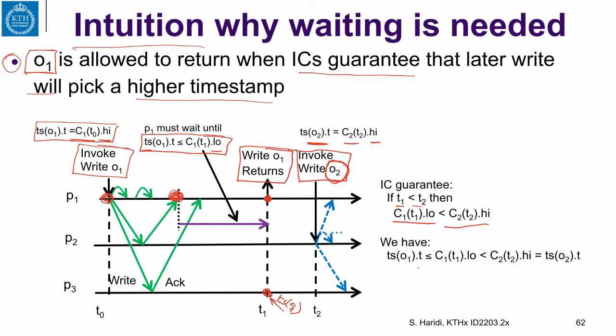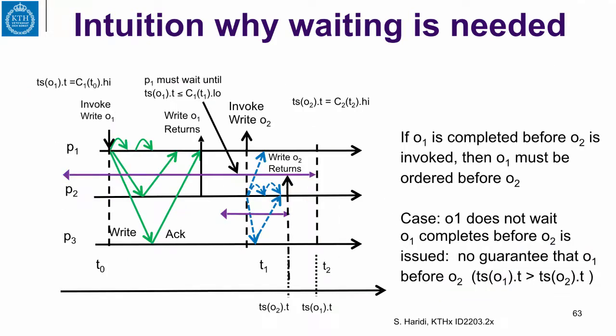Now, the timestamp is less or equal to the lower bound of the clock at T1, which is strictly less than the higher bound of the clock at T2, and that in turn is equal to the timestamp of O2. So everything is fine. The timestamp of O1 is less than the timestamp of O2, and these two operations are ordered in the correct order because operation O1 precedes operation O2.